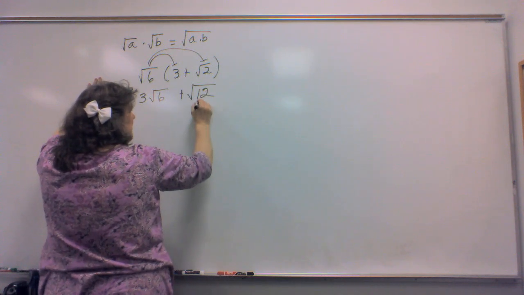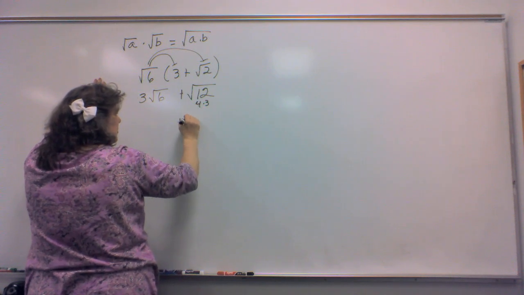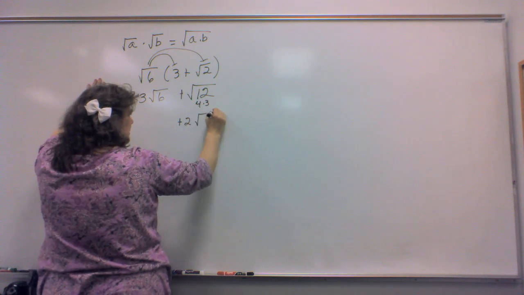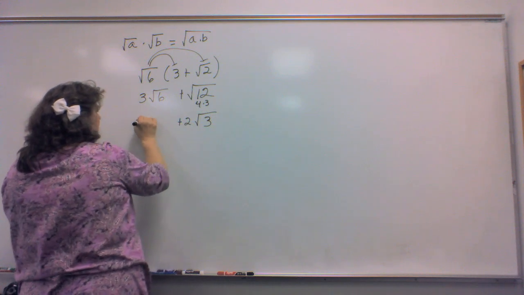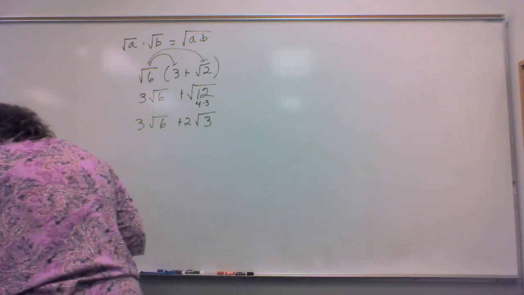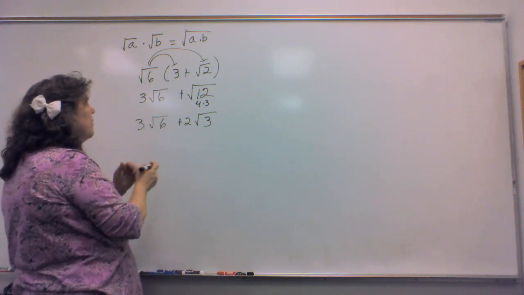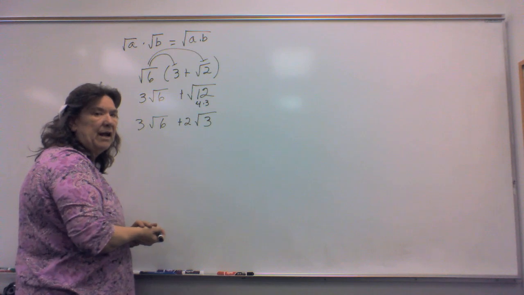This can be simplified to 4 times 3. The square root of 4 is 2, the square root of 3 is just the square root of 3. And then 3 square root of 6. Notice, even with simplification, that does not have like terms. Therefore, it cannot be simplified anymore.